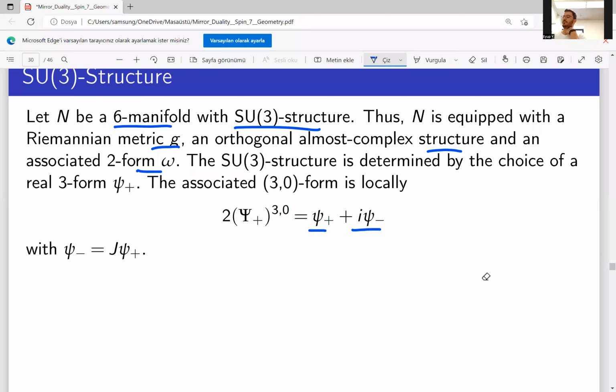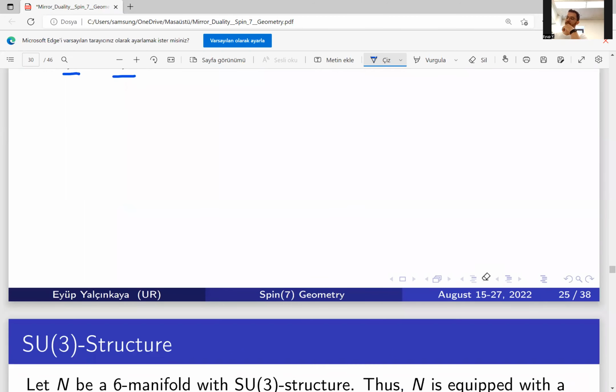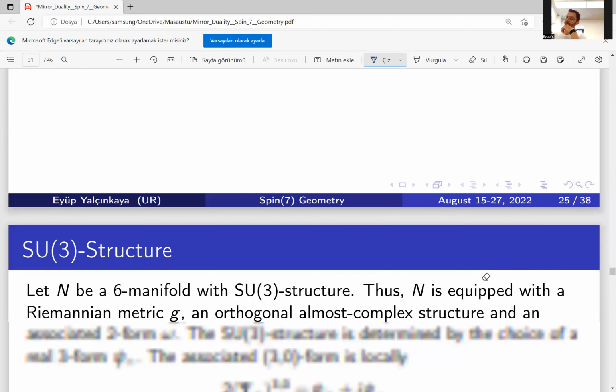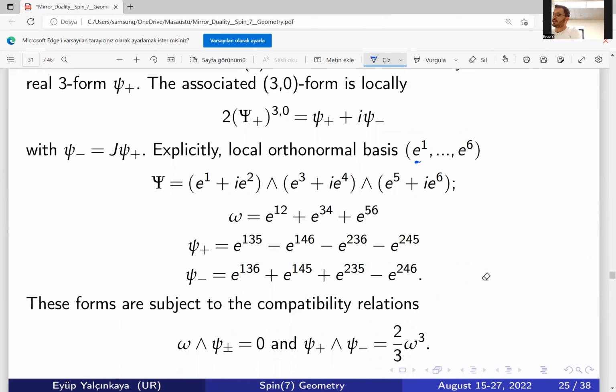You have to define C plus and C minus, which are 3-forms for this dimension, with C minus equal to J of C plus, so the complex structure gives a connection between these two 3-forms. In the 6 dimensions, explicitly we can write e1 + i e2, e3 + i e4 and e5 + i e6, and multiply these together.